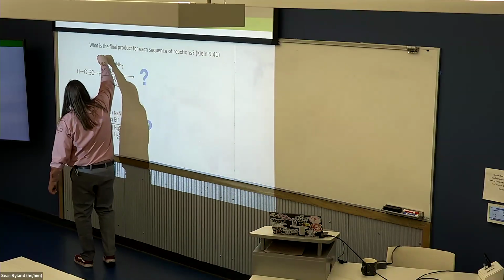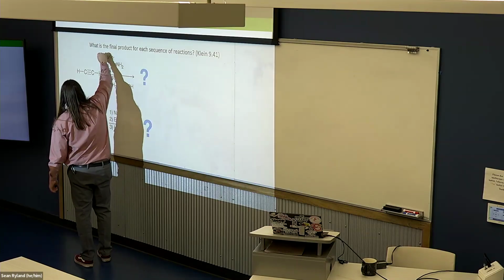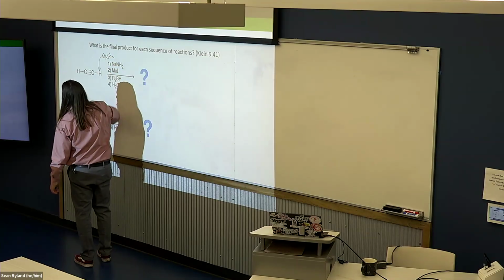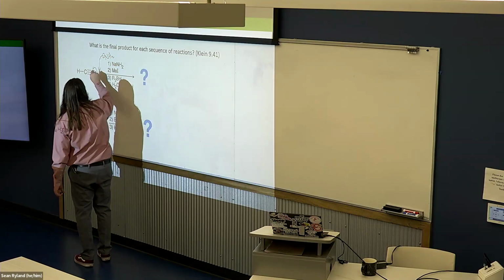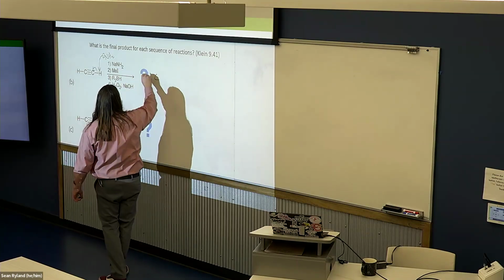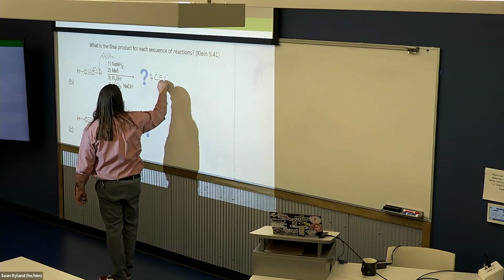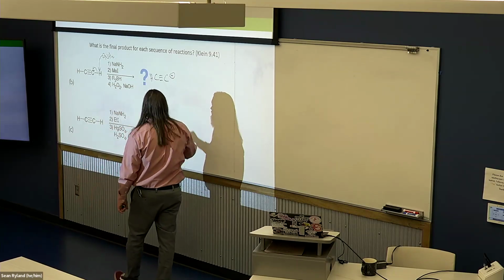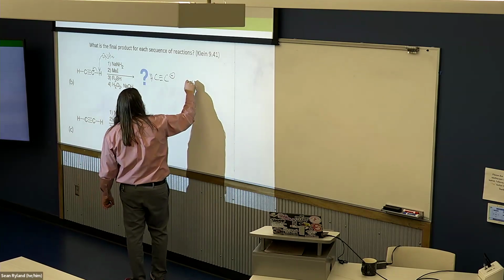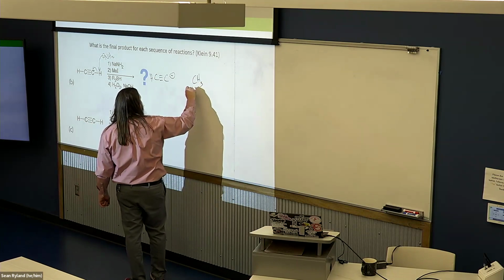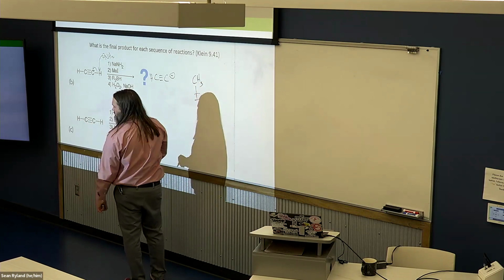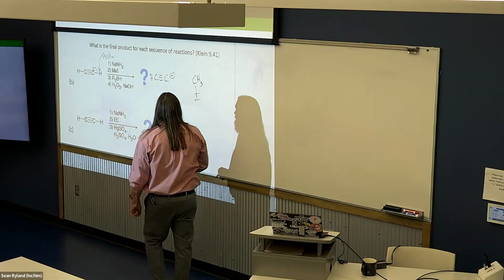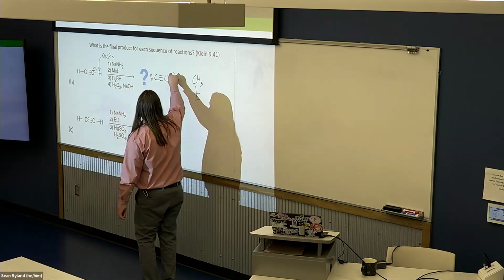So the first step is NH2 with a minus charge, which grabs the hydrogen. So after step 1, we have this. And then if you've got a CH3 with an iodine, that's a good leaving group.